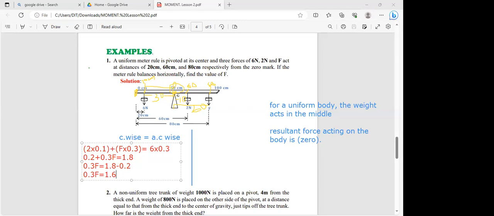So if we divide through by 0.3 on both sides, we'll be getting our F as 5. So our answer, according to my calculator, is 5.33 recurring. And since it's a force, it will be in newtons, which is capital N.